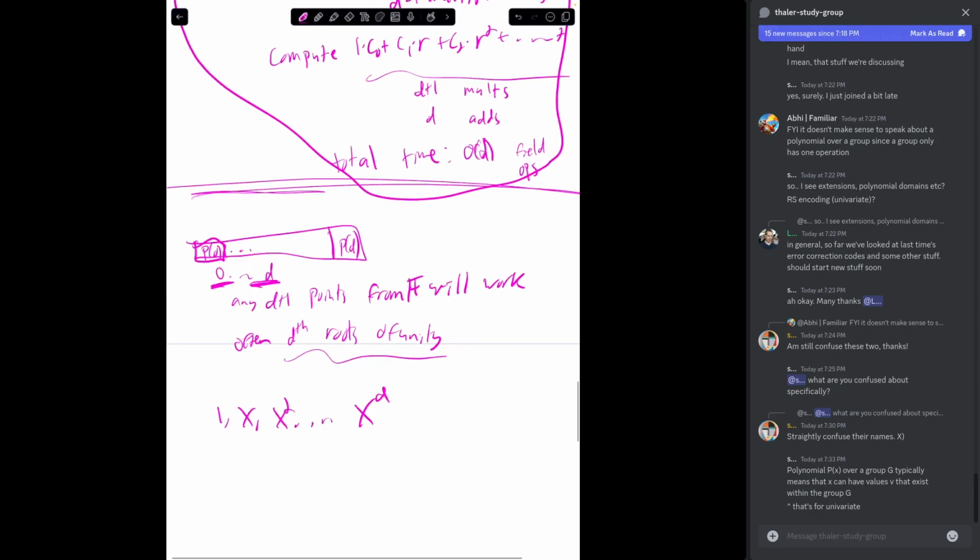And so what is that basis? We're still interpreting the message symbols as coefficients, just in a different basis. The basis is called the univariate Lagrange basis.